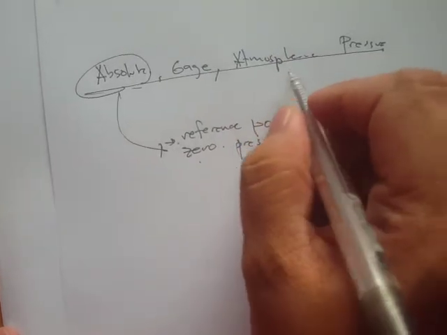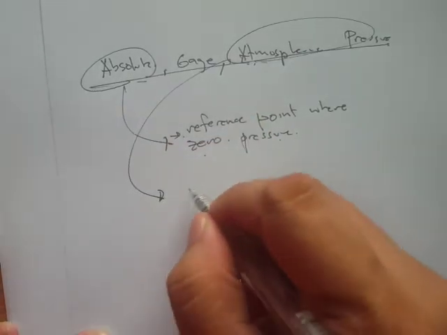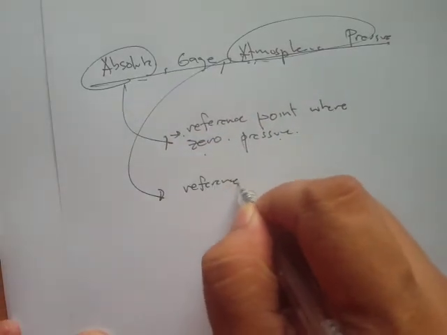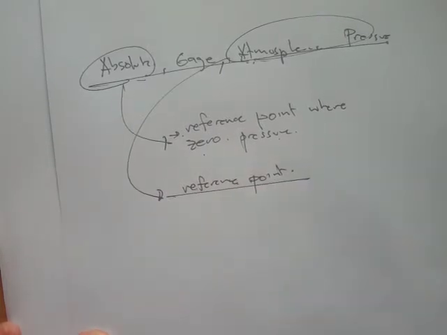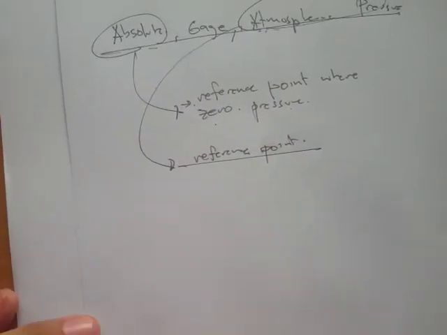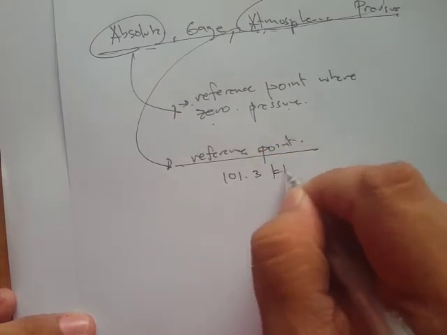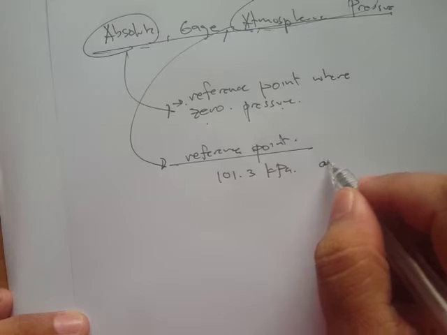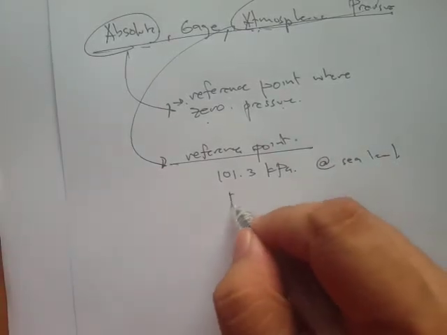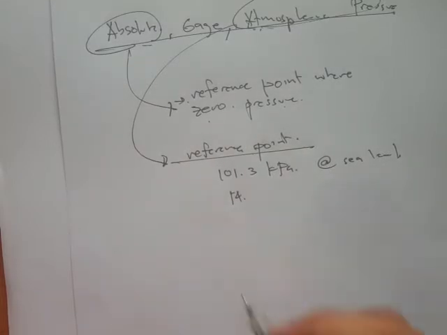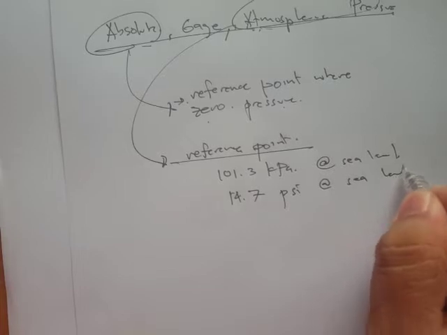And when we say atmospheric pressure, it's also a reference point, and usually the value of this is based on sea level, and we have this value, 101.3 kPa at sea level, or in psi, if I remember it correctly, 14.7 psi at sea level.